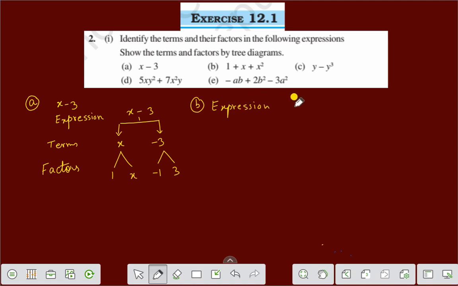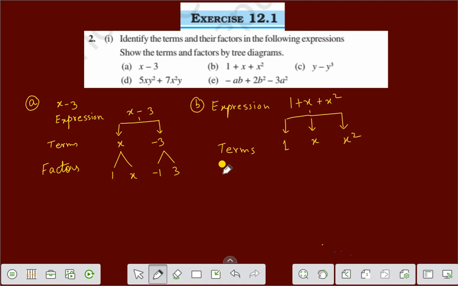If we write the various terms, we'll get 3 terms. The terms are 1, x, and x square.